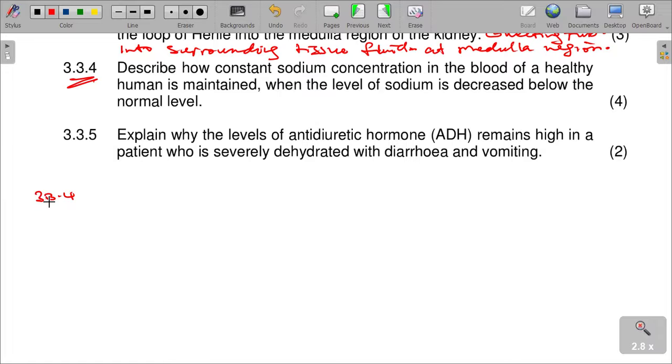In this case, class, you need to explain about the balancing of salt in the body, where this person is a healthy person and the level of sodium has decreased below normal. So how is the salt level restored? The restoration of salt level is what you need to describe here.